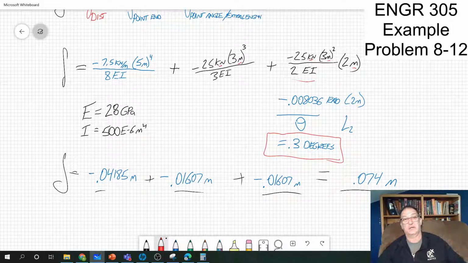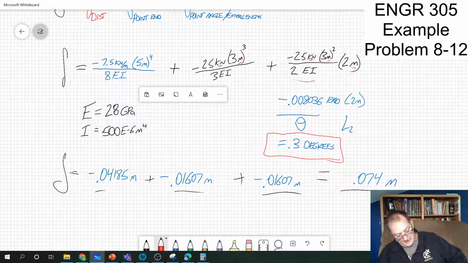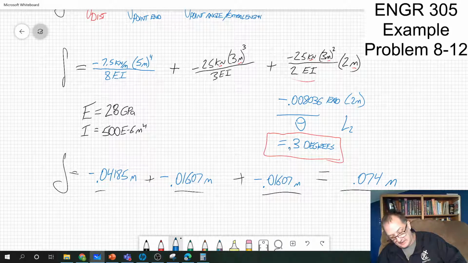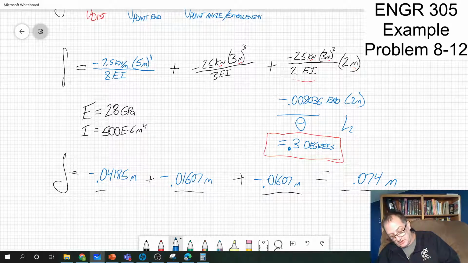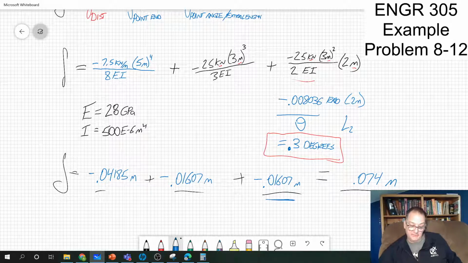I can't tell you what a kilonewton is. I can't tell you what a radian is. So I calculated that, and that is 0.3 degrees. There's a decimal point there. It's a third of a degree, and yet it contributes 16 millimeters to the total deflection of the system, and that's, I think, quite a bit.